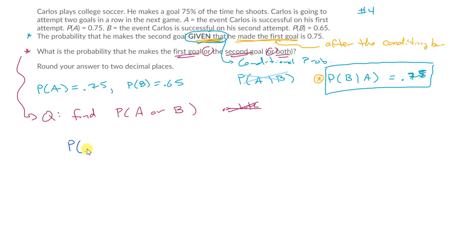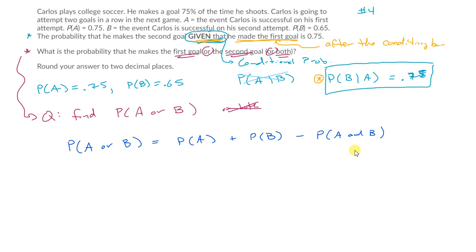Probability of one event or the other equals probability the first occurs plus probability the second occurs. But if both events occur at the same time, that gets counted as part of A and also as part of B. That's double counting, so we have to subtract the probability that they both occur at the same time.